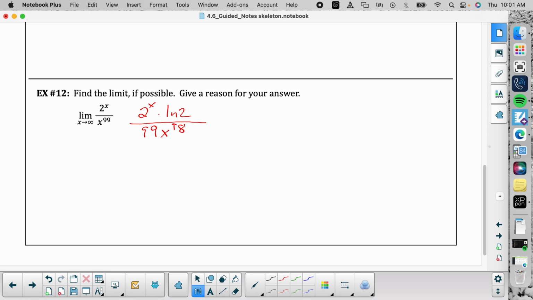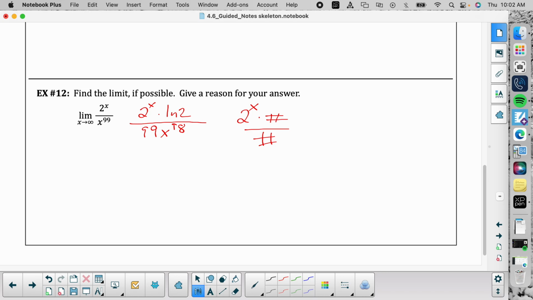Eventually, at some point, you'll get it down to a normal number in 98 more steps. The top would always have 2 to the x in the derivative. It's going to be 2 to the x times a super big number by that point. You're just going to keep multiplying by ln of 2 every single step.